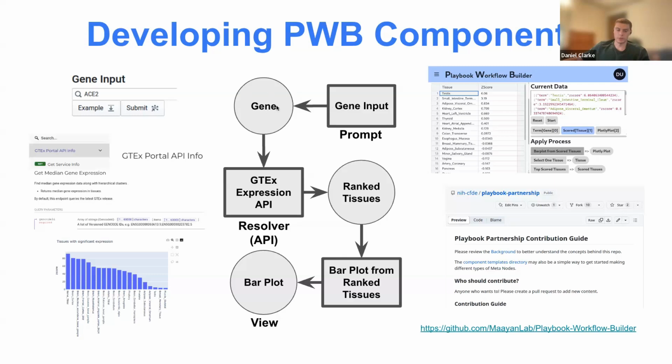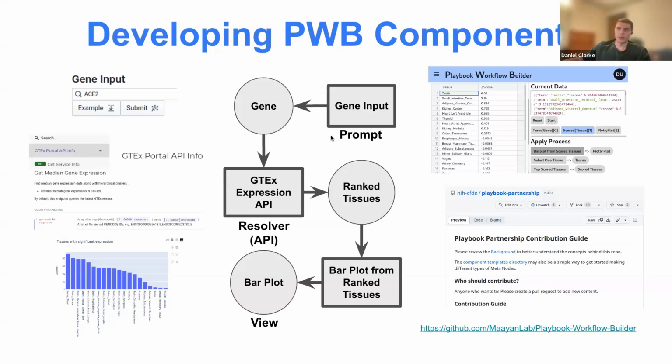Once you have this gene type, this could be an input to the next component. So one example next component would be, for instance, the GTEx expression API, which is going to contact a REST API and give this gene that was inputted as an argument. And then the results of that API will be a JSON document, which we will format into another standardized data type, in this case, ranked tissue.